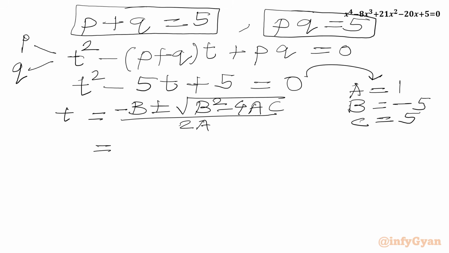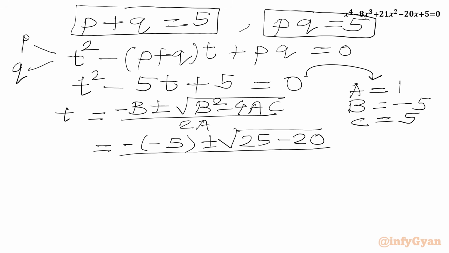So we will write minus of minus 5 plus minus square root of b square, which will be minus 5 square, let us write 25, minus 4 times 1 times 5, so 20, over 2 times 1, so 2.